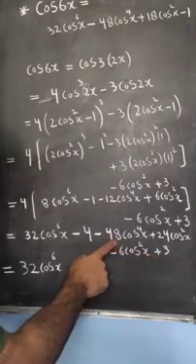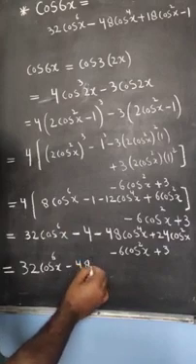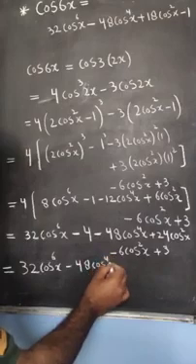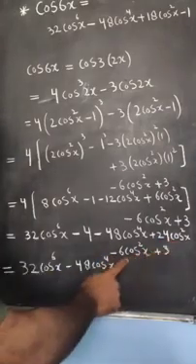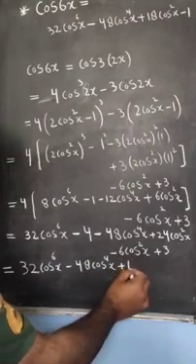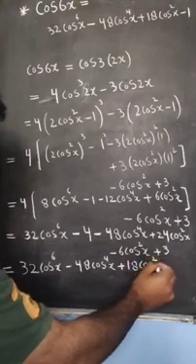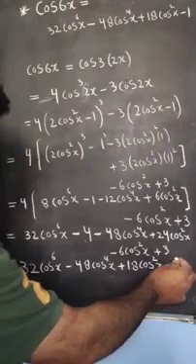We write first this is minus 48 cosine raised to power 4x. Then we have 24 cosine square x minus 6 cosine square x, so that is plus 18 cosine square x, minus 4 plus 3, that is equal to minus 1.